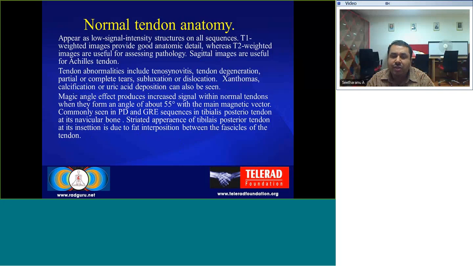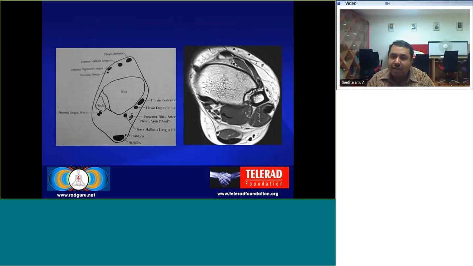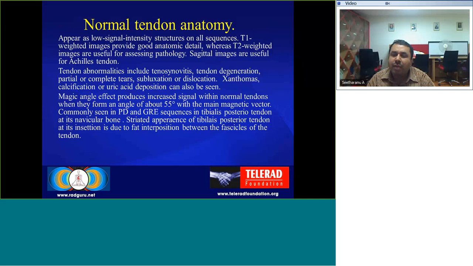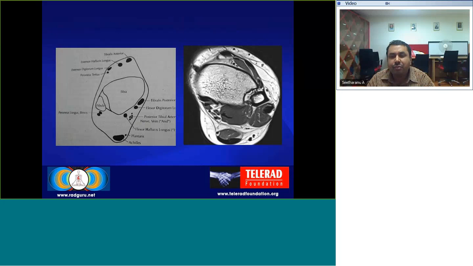The magic angle phenomenon is seen in the proton density and gradient sequences, and is most commonly seen in the tibialis posterior tendon at its navicular attachment. To minimize the effect of the magic angle, the foot and ankle are usually imaged in 20-degree plantar flexion. So this is the normal tendon anatomy and the corresponding tendons.